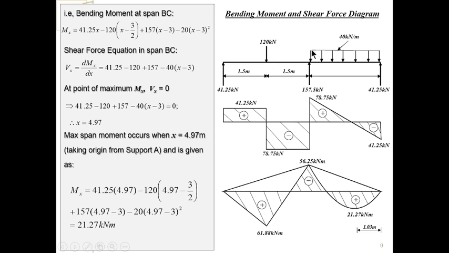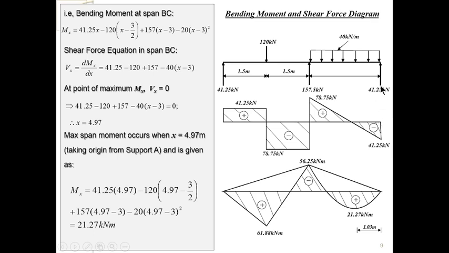A UDL always varies shear force linearly. So this will vary linearly across this distance, but the magnitude will be 40 times 3, which is 120. So you will go 120. From here to here is 78.75. If you subtract it from 120, what is remaining is 41.25.